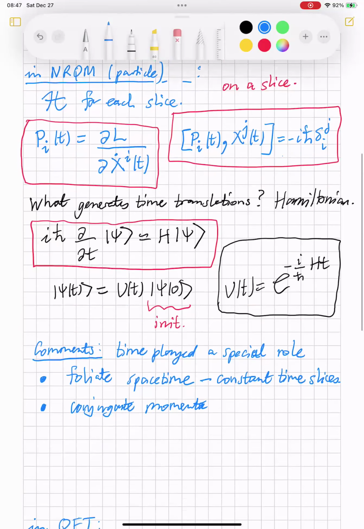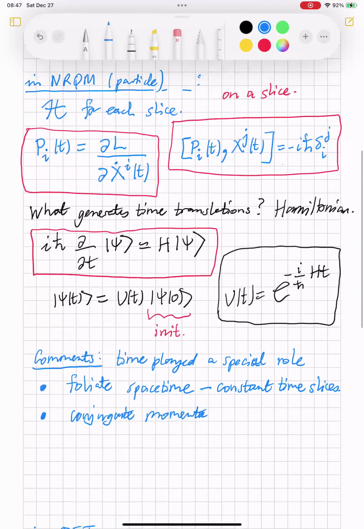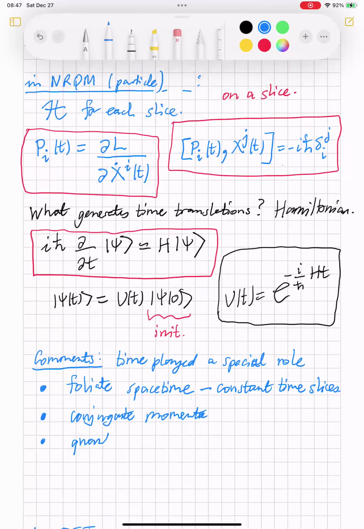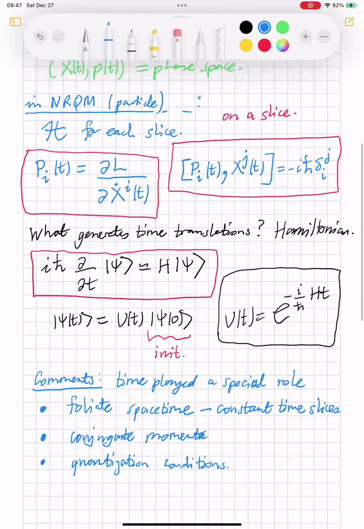And then finally, we were able to impose some quantization conditions. The quantization conditions were given as equal time commutators. So they're often called equal time commutation relations. They might be called equal time quantization conditions, anything like that.